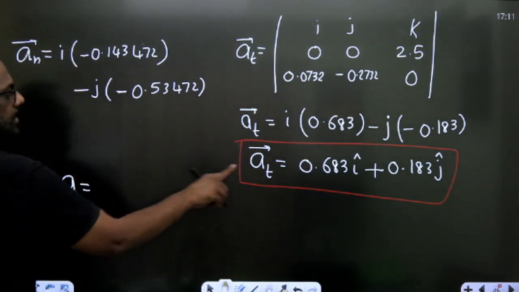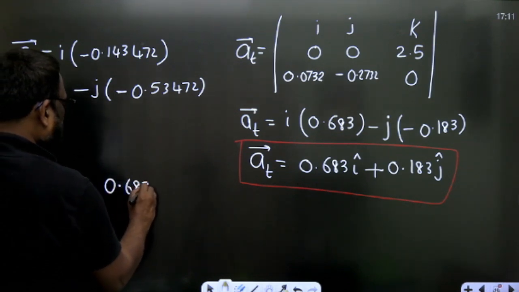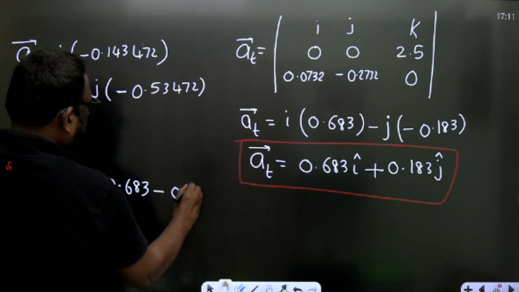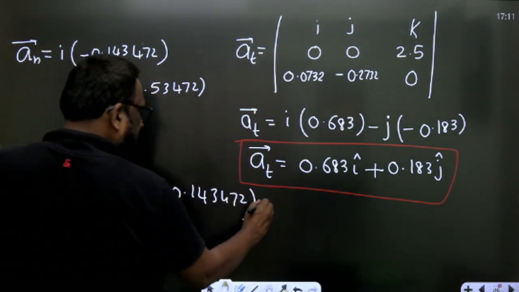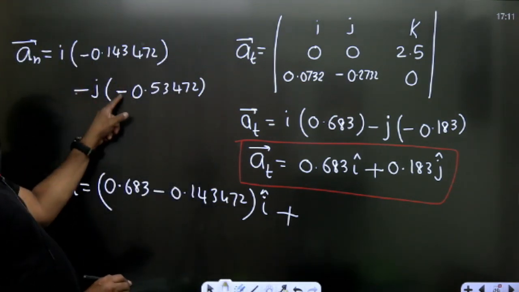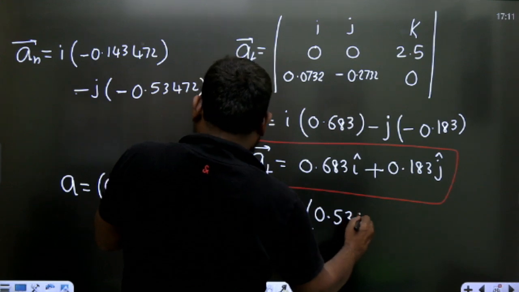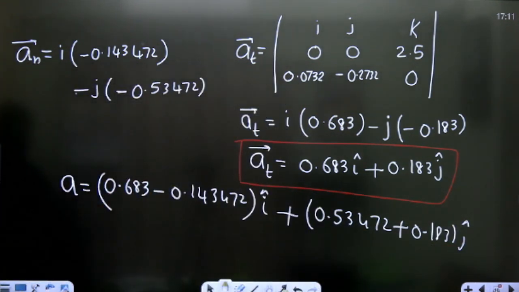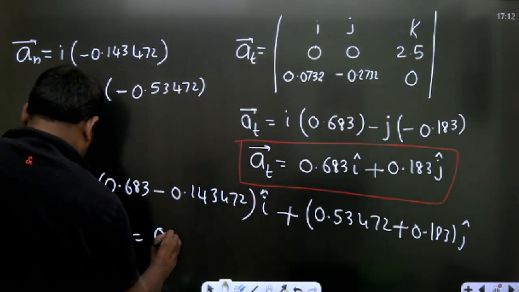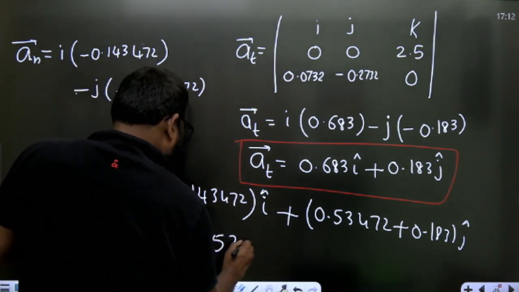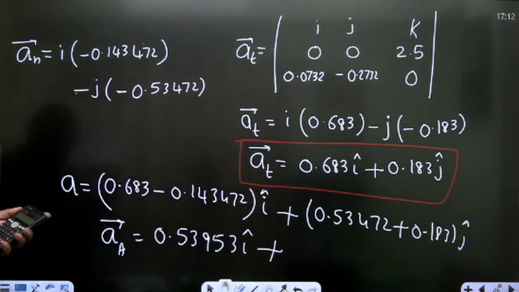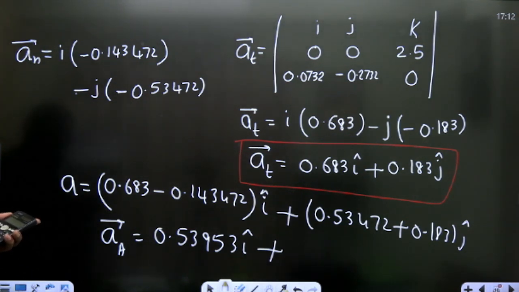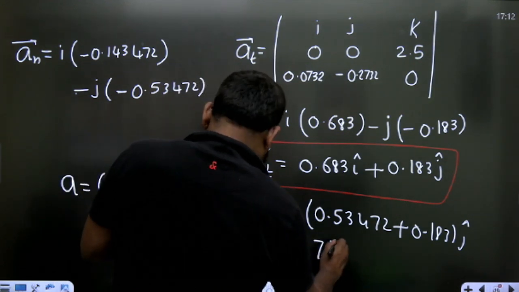So the total acceleration is 0.683 minus 0.143472 i cap, plus 0.53472 plus 0.183 j cap. So the total acceleration at point A is 0.53953 i cap plus 0.53472 plus 0.183. I don't know whether it is right or wrong.